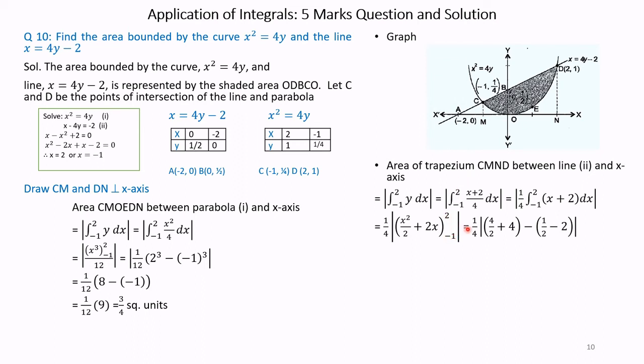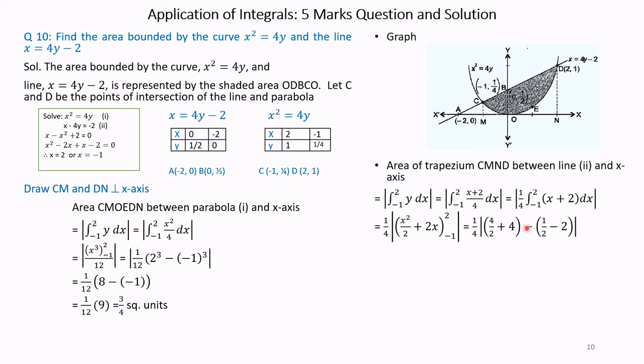That is equal to 1 by 4, putting the upper value first. So x square, in place of x we put 2. That becomes 2 square divided by 2 plus 2 into 2, which is 4. So minus, now we put the lower value.